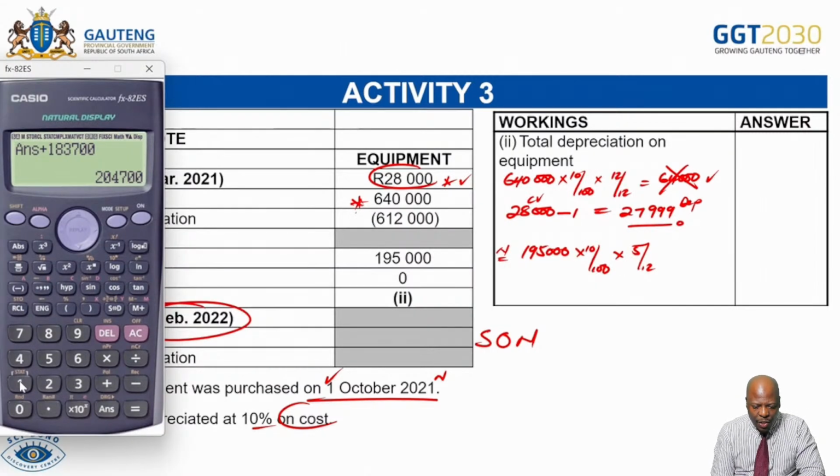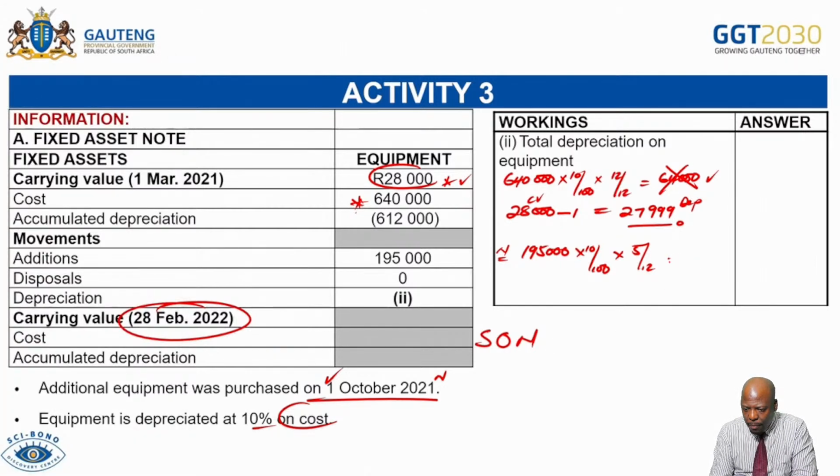And then I'm going to say 195,000 multiplied by 10 over 100. Then we multiply that again by 5 over 12. And that gives me 8125. So I'm going to get here my 8125.